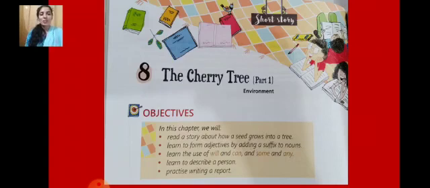Learn to form adjectives by adding a suffix to nouns. Learn the use of will and can and some and any. Learn to describe a person. Practice writing a report. In this video, we are going to cover only the first objective and not complete, but the half story will be read in this video. Okay, children?